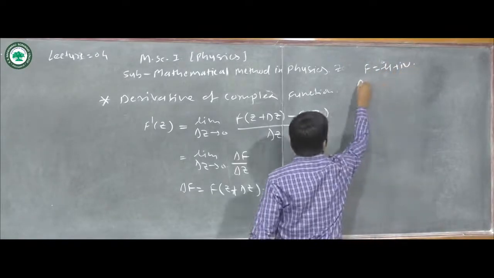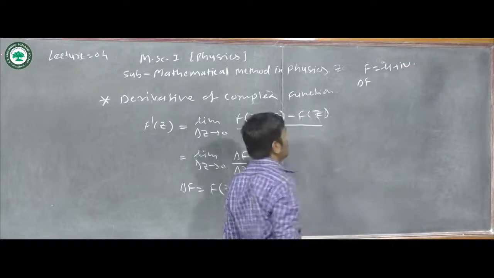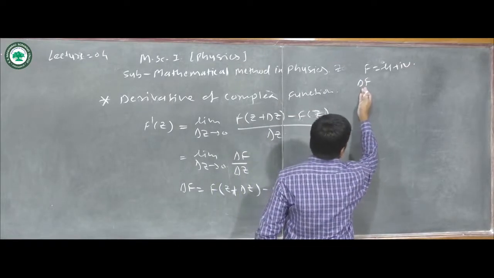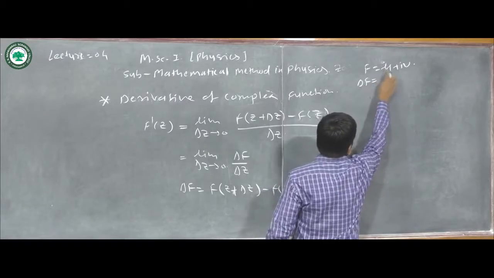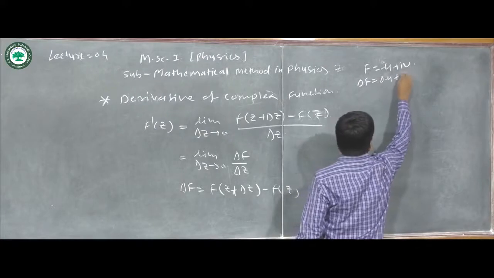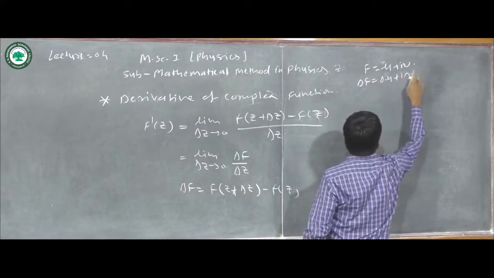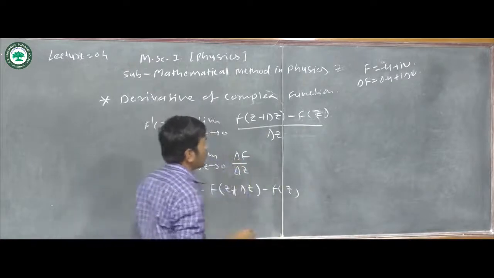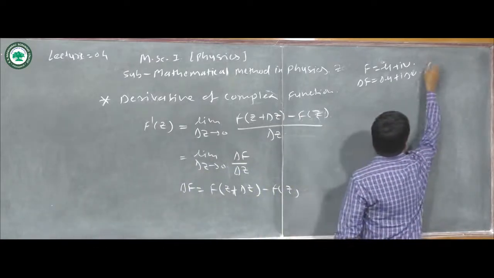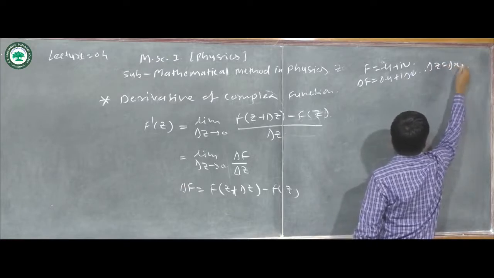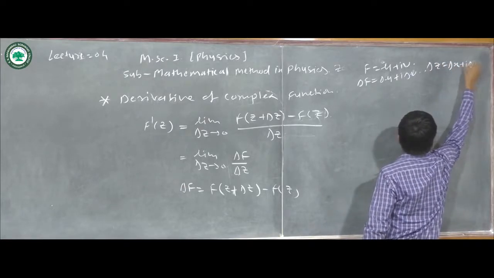So if we change z, then in the w plane this function also changes, that is del f, and the variables change too: del u, plus the second variable also changes, that is iota into del v. And if we change del z in the z plane, del z is equal to del x plus iota into del y.